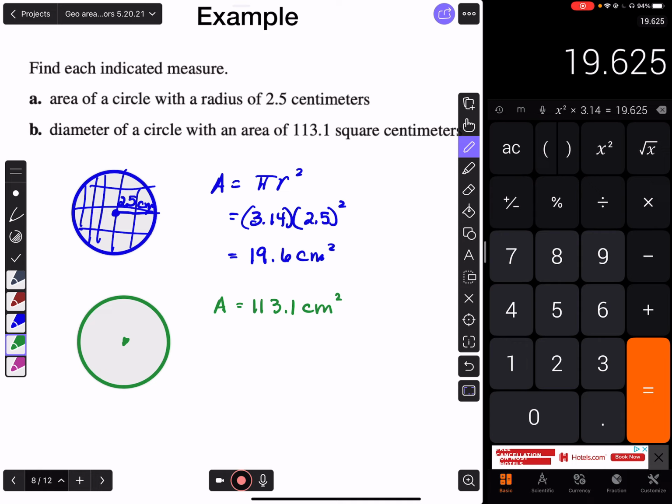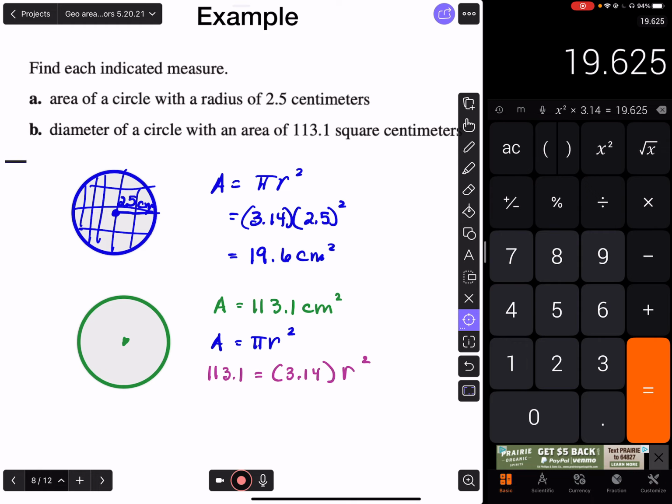So we're going to have to use the area formula again. Area equals pi r squared. But this time we know the area. We know what pi is. We just don't know what r is.